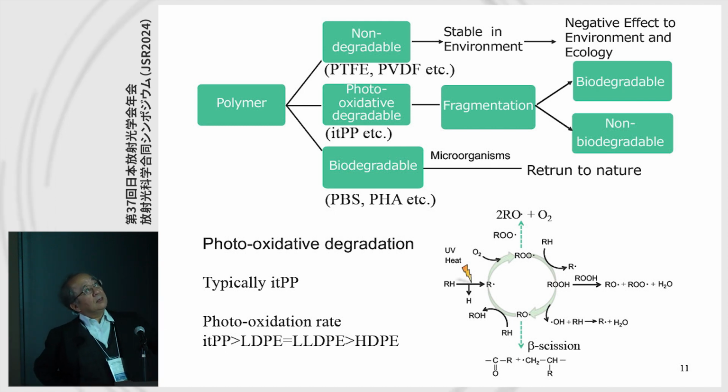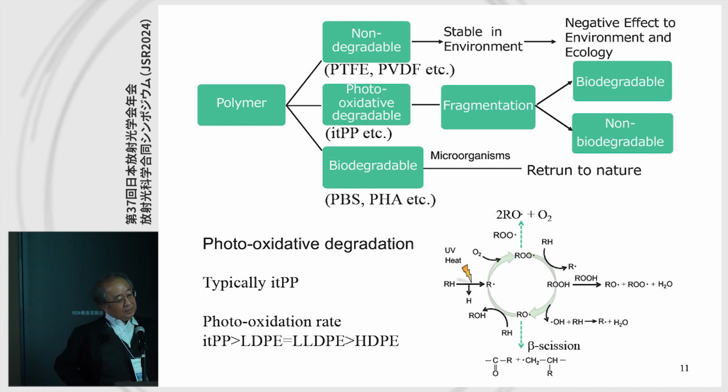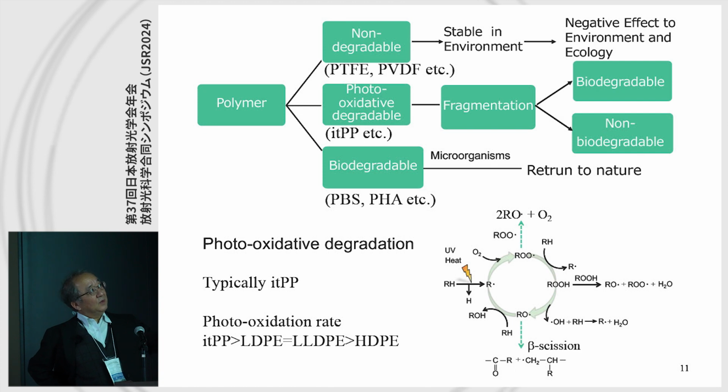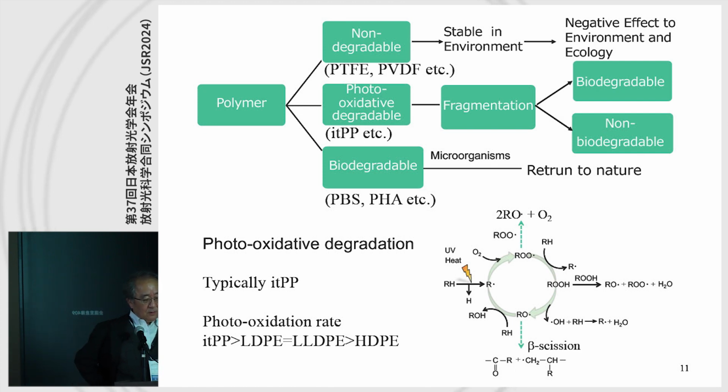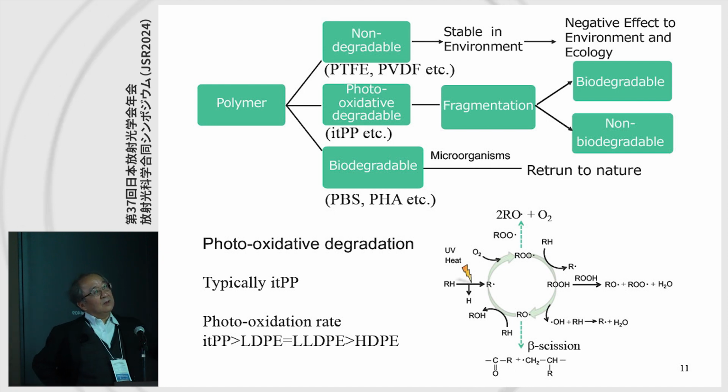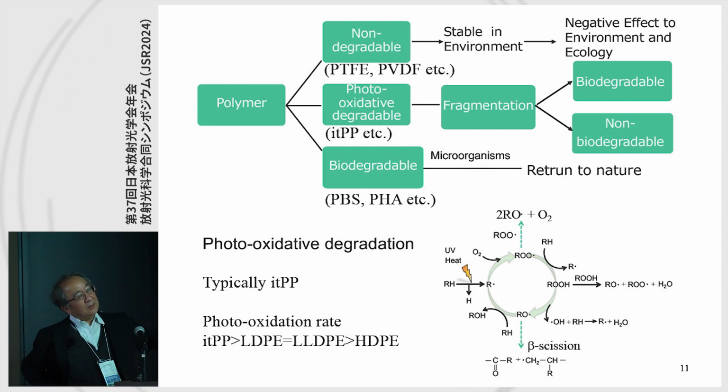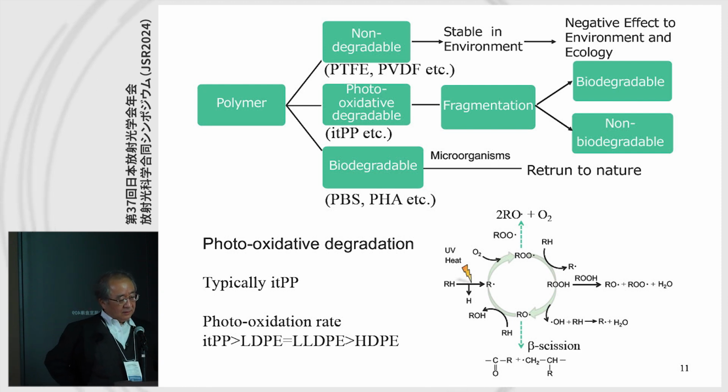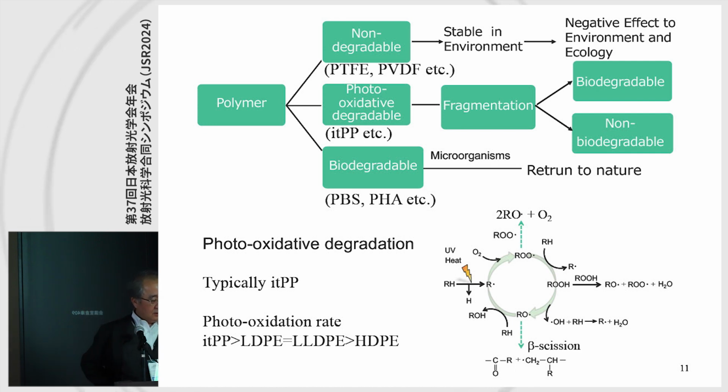They can easily fragment, and the fragments are not biodegradable, so that causes the microplastic problem. This is the process of degradation, and we usually put in antioxidant to stop this reaction. The thermal oxidation rate of polypropylene is very fast, and polyethylene is a little bit slow.